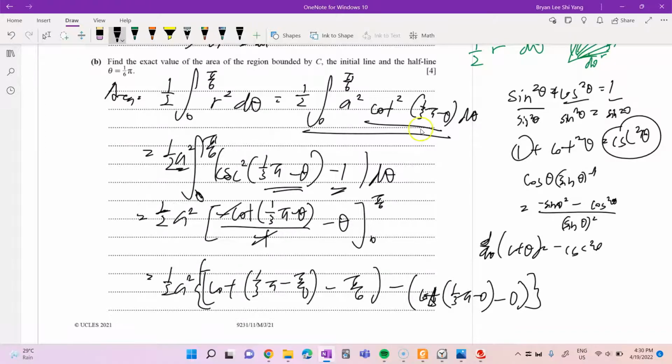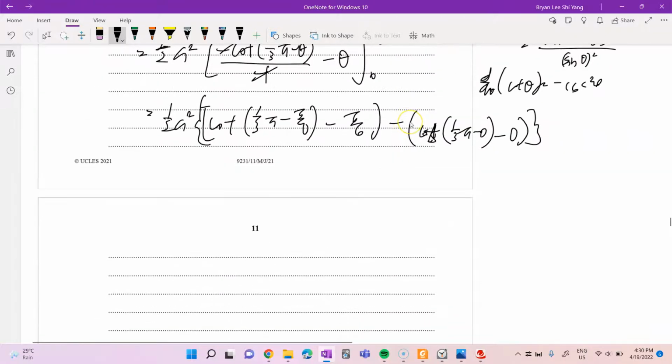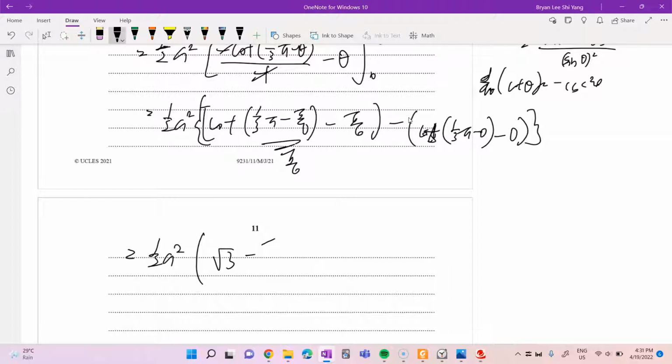Why am I running out of space? Still space here. 1/2 a square, cotangent pi/6, which we've shown is root 3, minus pi/6, minus 1/root 3, then plus 0, which does not really have any effect.